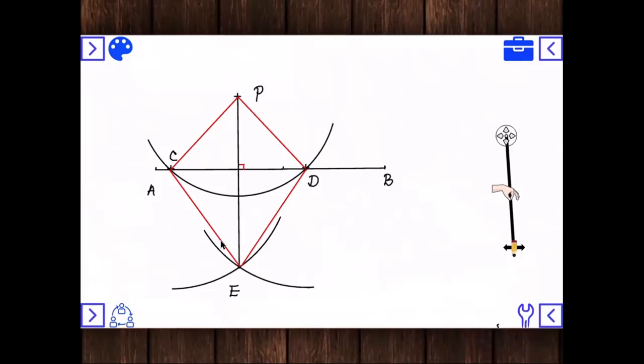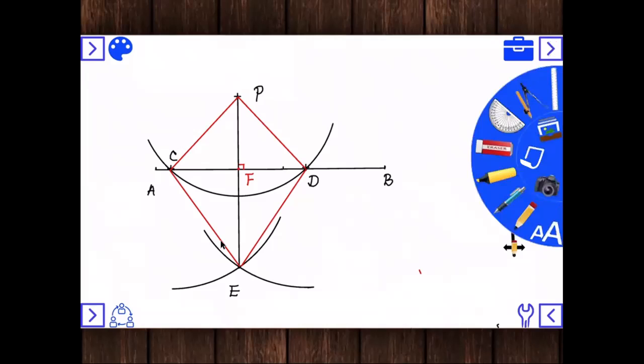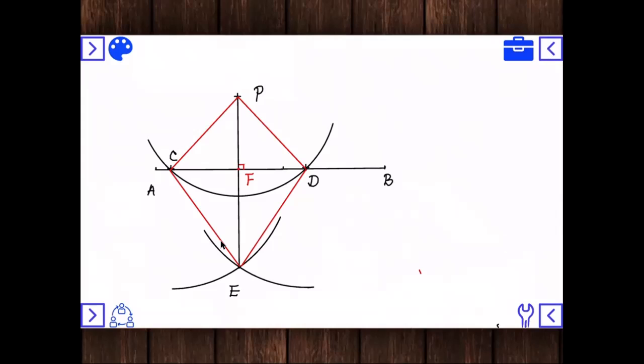Which means if we can prove that triangle PCF and triangle PDF are congruent, then we can prove that angle PFC is equal to PFD is equal to 90 degrees, right? I'm not going to write all the details because it's very similar to last question. So I'm just going to explain the proof verbally.